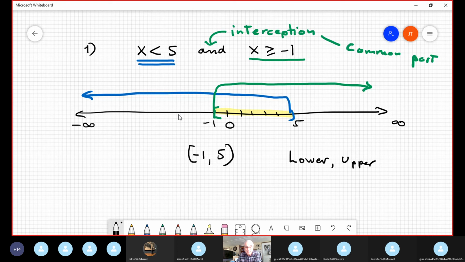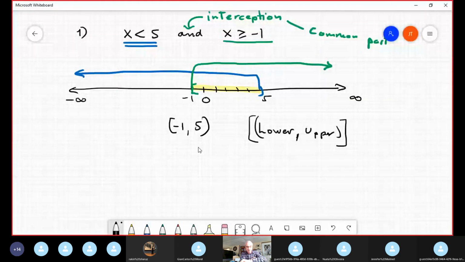One incorrect way is to write 5, negative 1, because 5 is the upper bound and negative 1 is the lower bound. You put the lower, you put the upper, and you separate by a comma. Inside, maybe parenthesis or bracket, it depends on the problem. Question? Do you understand or no?